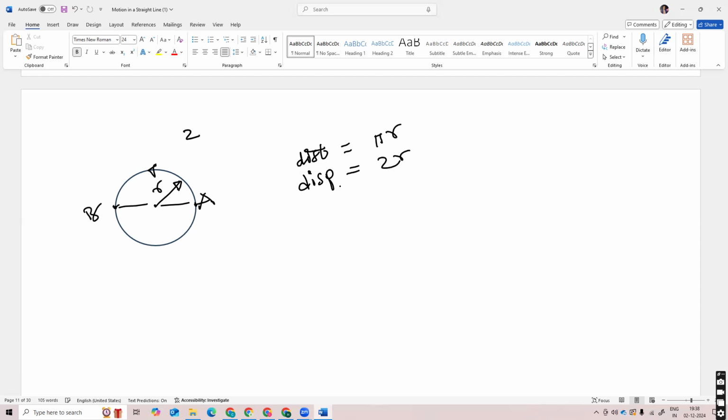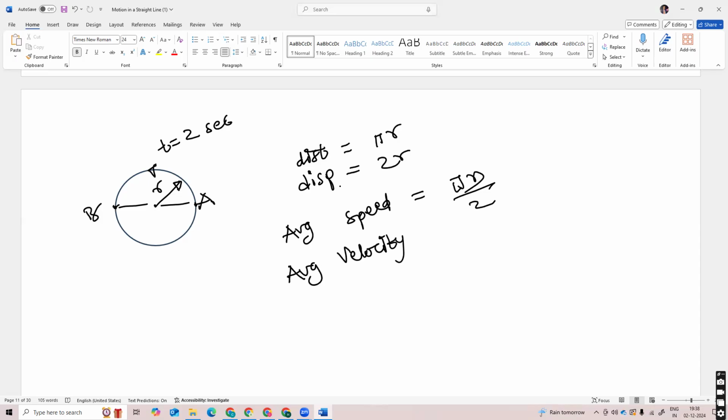Let's say the vehicle is moving from point A to point B in 2 seconds. Average speed will be pi r upon 2, that is total distance upon total time. Average velocity is total displacement, 2r, divided by total time, 2, so it is equal to r.